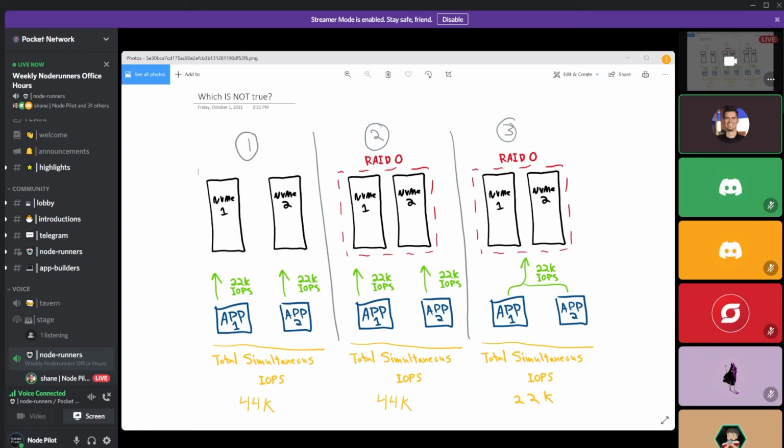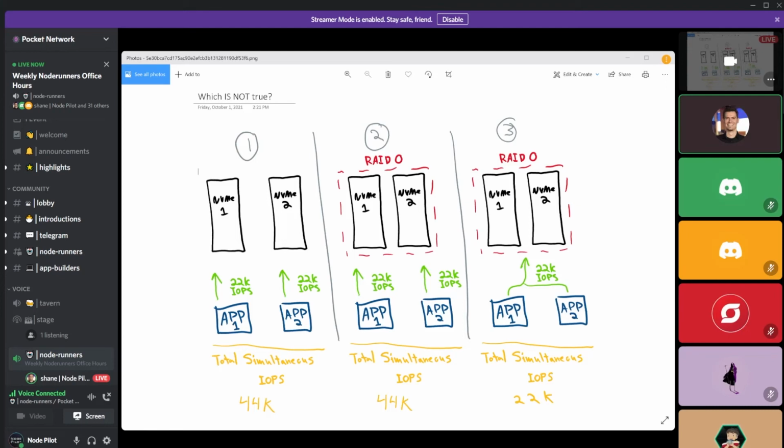Got it. Okay, so it actually depends on which disk it's on. That actually makes a lot of sense now, because I was having a hard time justifying all of this, because I know that the NVMe can't go faster than what it is, right? So if it's 22K, it can't go faster than that.